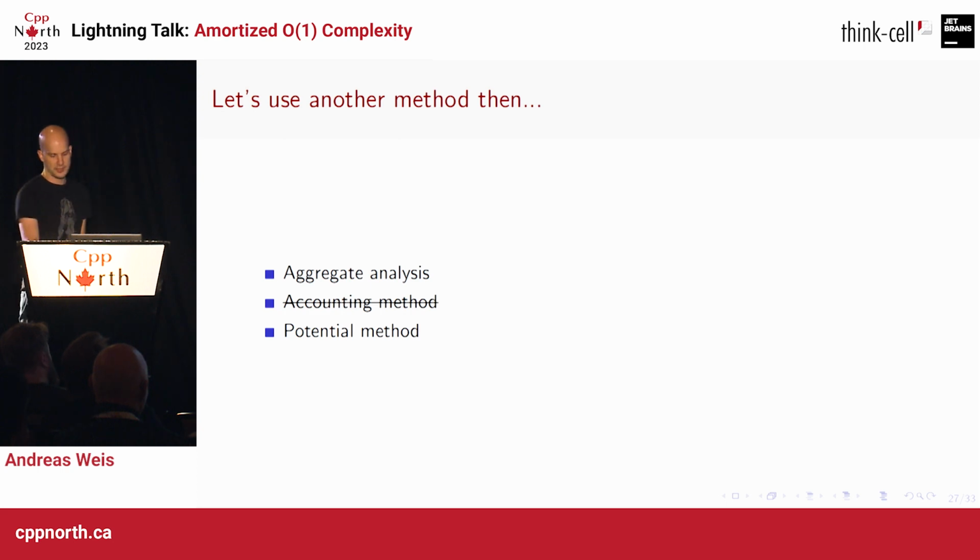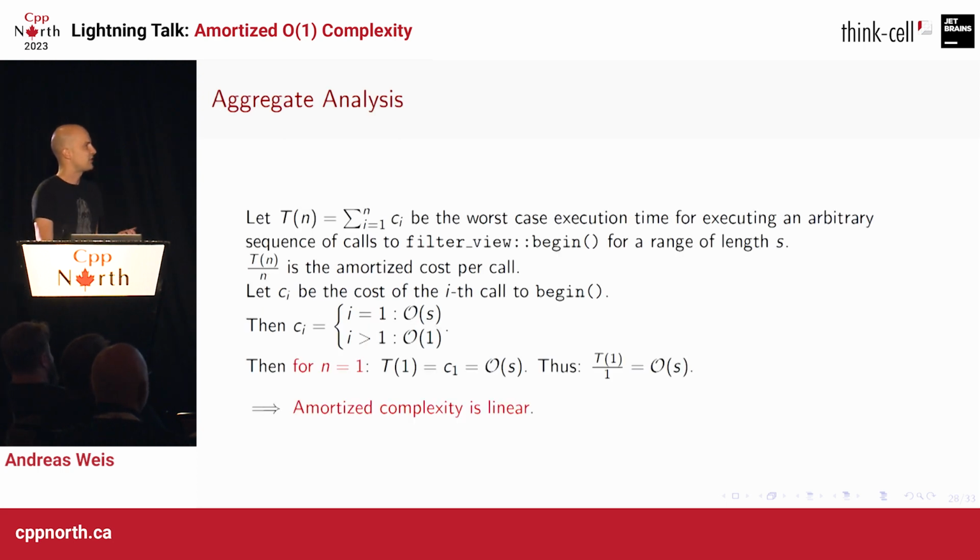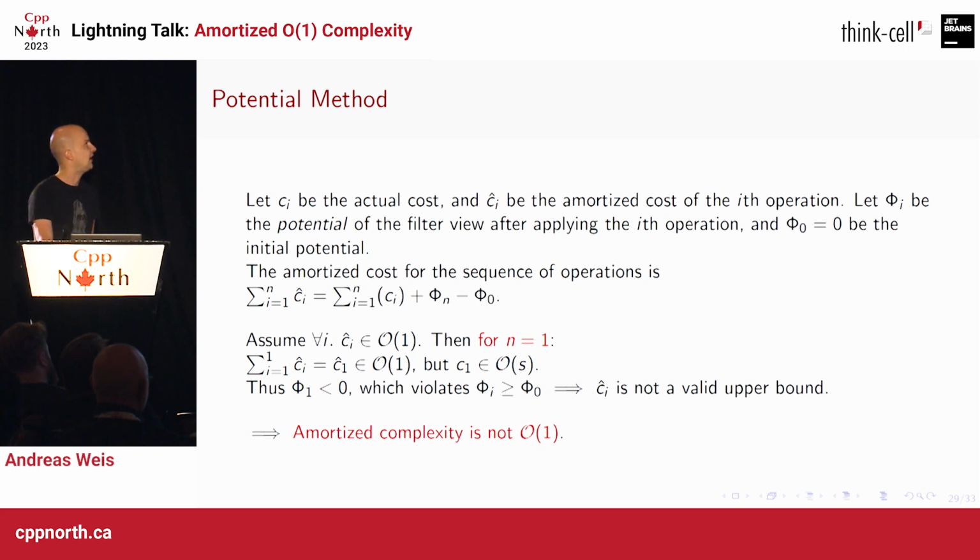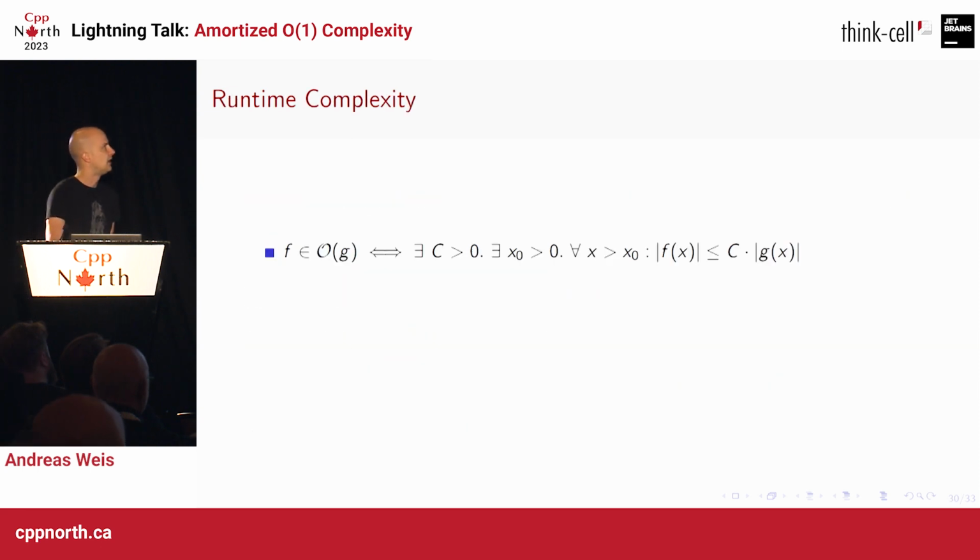But accounting is stupid anyway, so let's do aggregate analysis, right? So yeah, aggregate analysis, it turns out that for the case where I only do 1 operation, it also fails. And same for the potential method. But hey, I hear you say, we don't care about the case of only 1 operation because runtime complexity is about the asymptotic case.